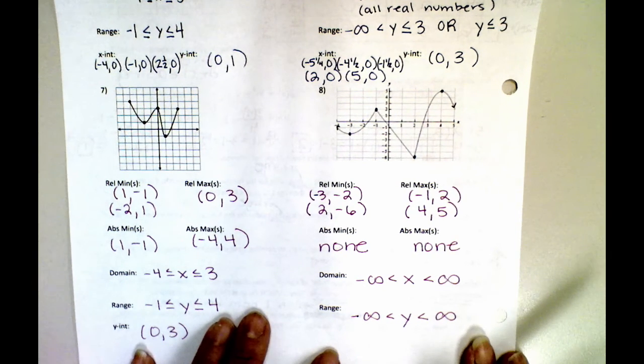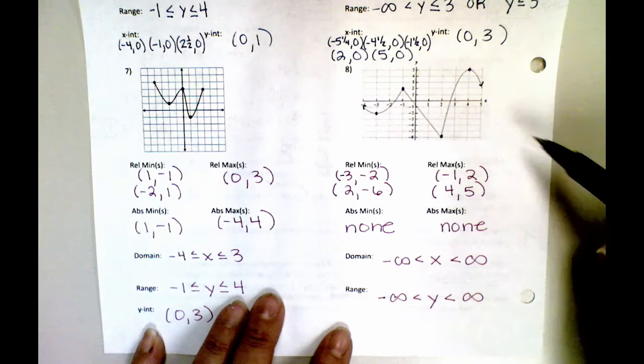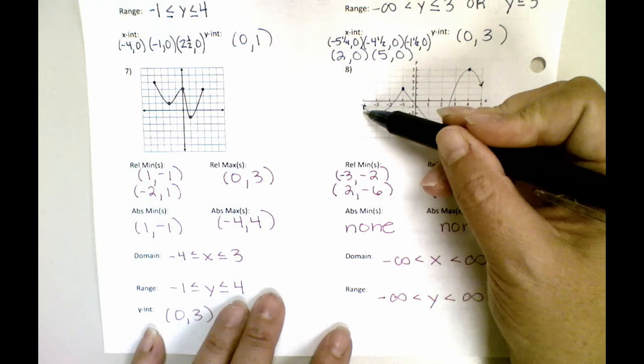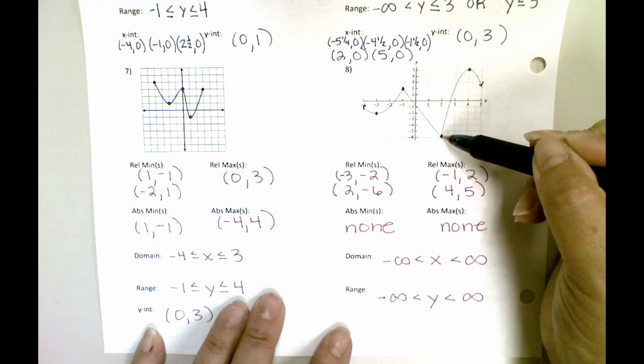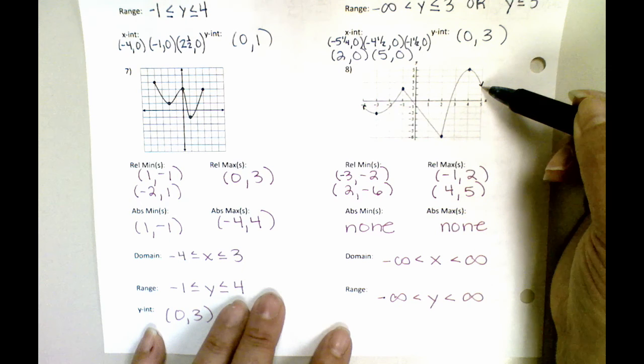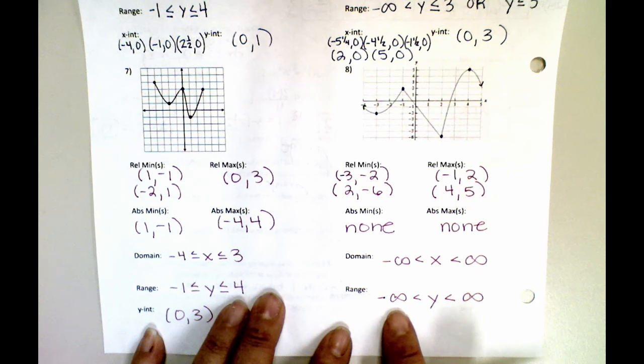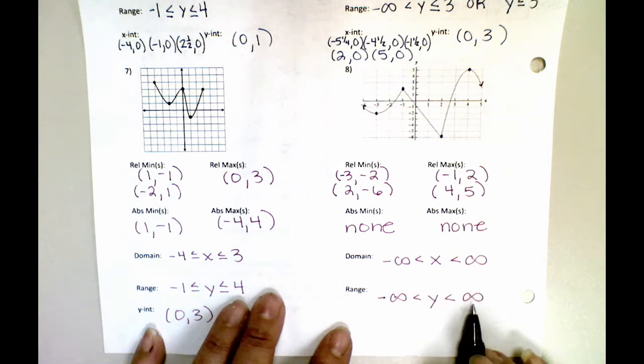For the range, again, this one's a little tricky because you have to notice the arrows. Yes, this looks like the lowest point on the graph, but the arrow indicates otherwise. The arrow is telling me this keeps going down. There is no lowest point, so -infinity there. Same thing with the upper bound.